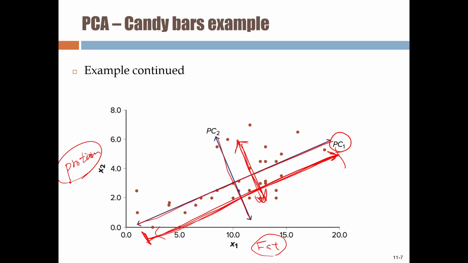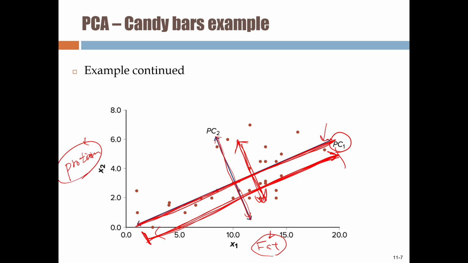PC2 has relatively small variation here, while PC1 has high variation. So instead of using only fat or only protein, we can use PC1. How can I create PC1?